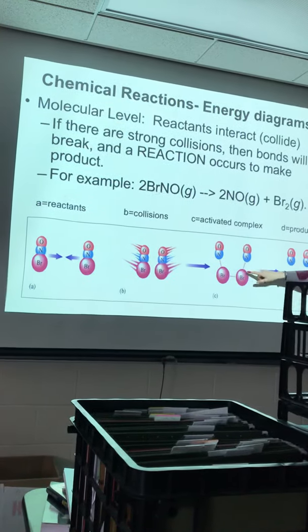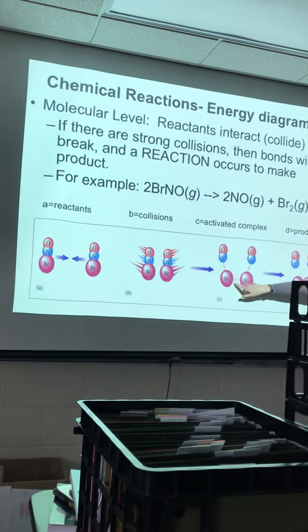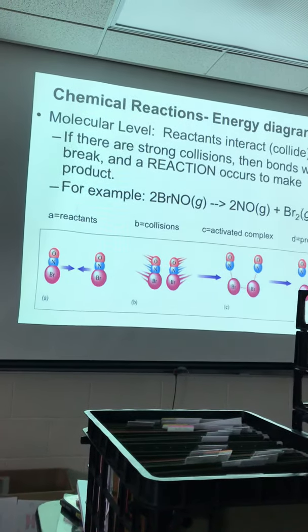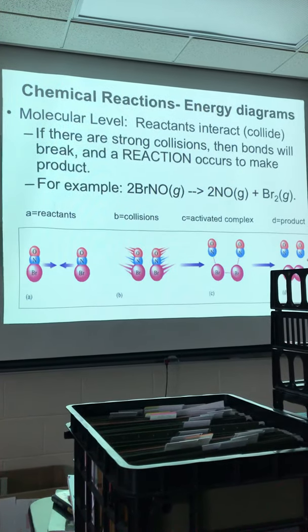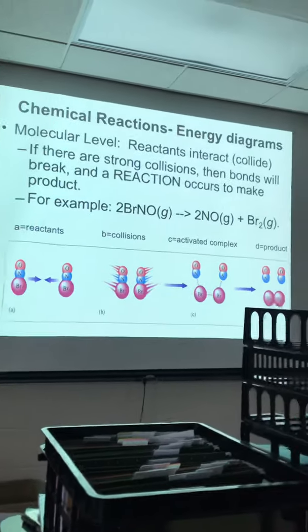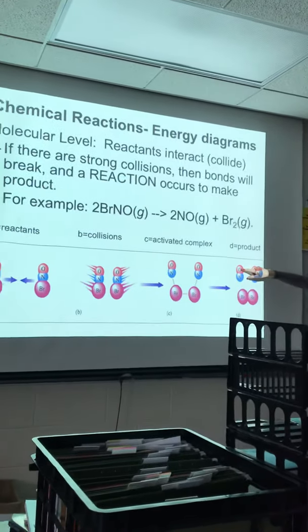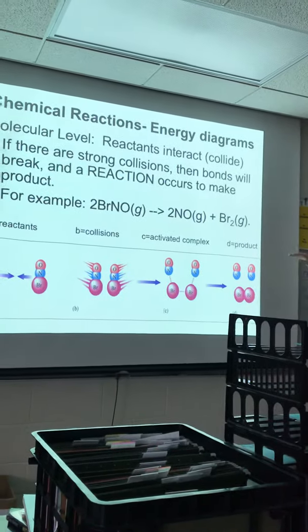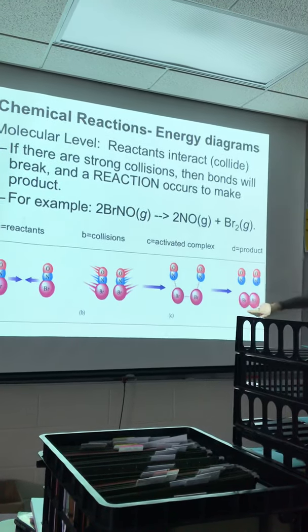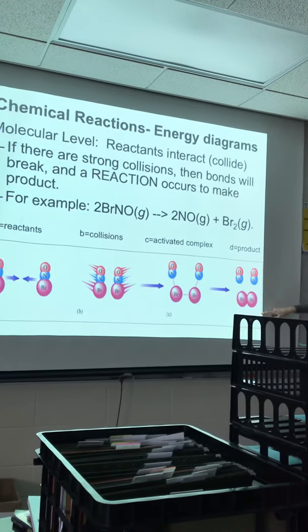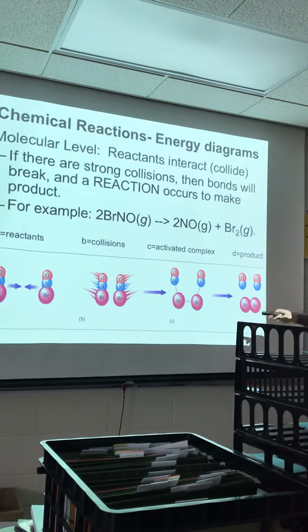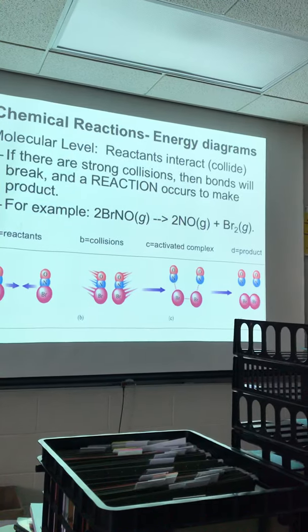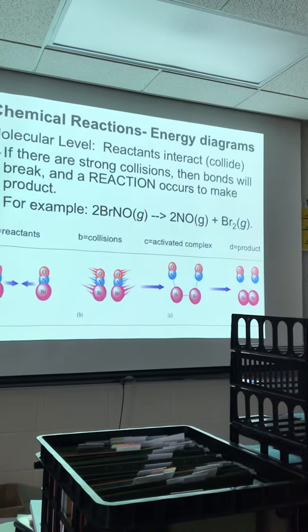You have bonds being broken and bonds being formed to make a new arrangement of those atoms into our products. And so now we have two separate products. We have NO and Br2. Okay? So that's how our reactants change into products, through the breaking and the making of new bonds.